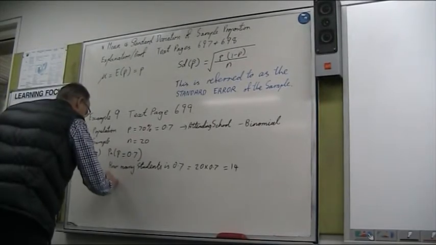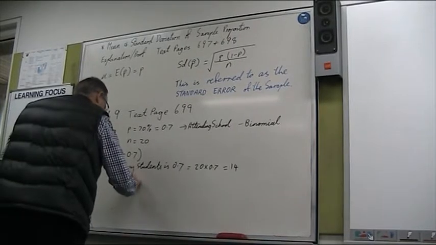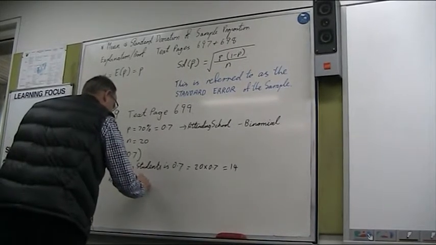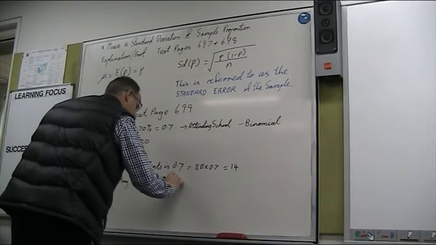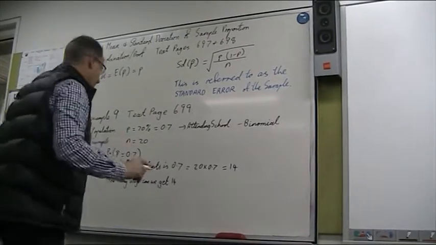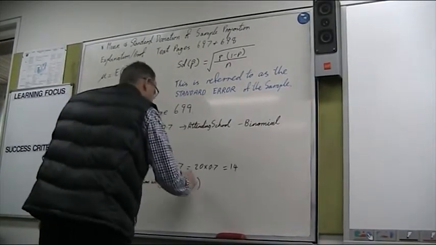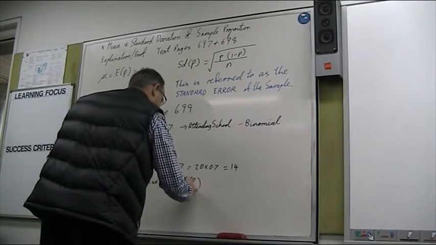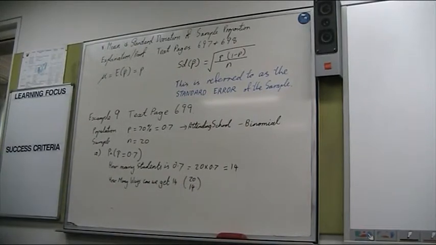Again, we've got 20, and we want 14 of those 20 to be attending school.